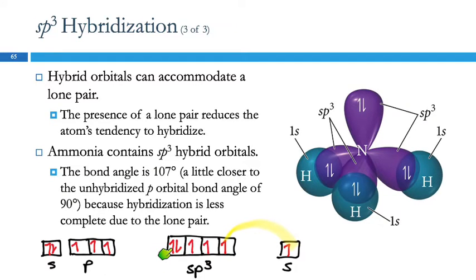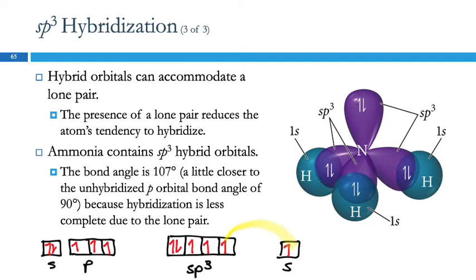This guy is already full. So here we have our sp3 hybrid orbitals, the balloon tetrahedron, right? This one has a lone pair in it. This one is half-filled. It overlaps with the blue s orbital from hydrogen. And this one overlaps, and that one overlaps.